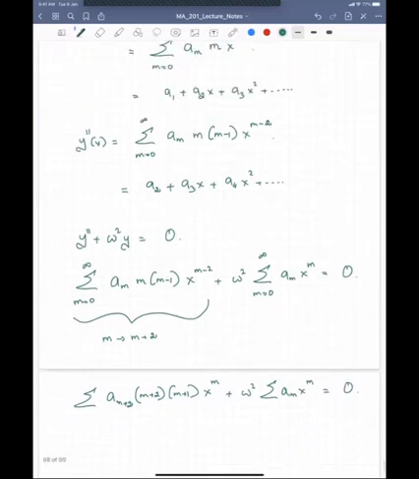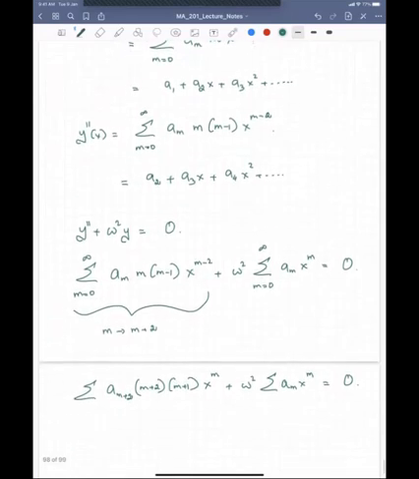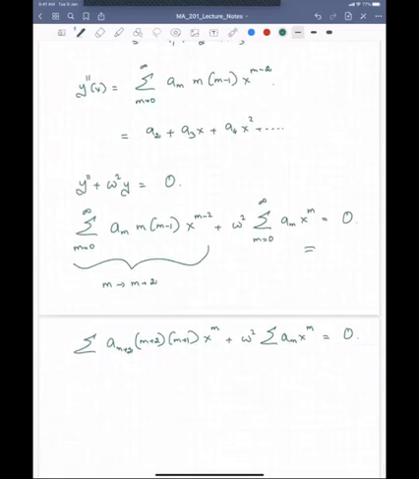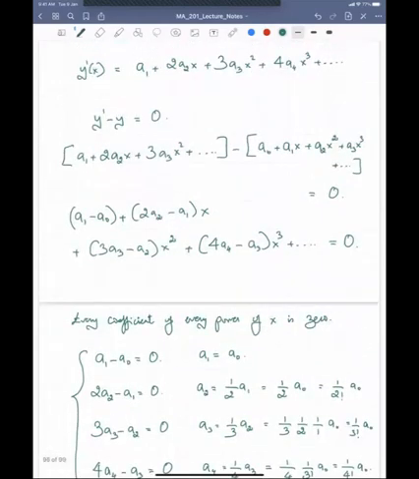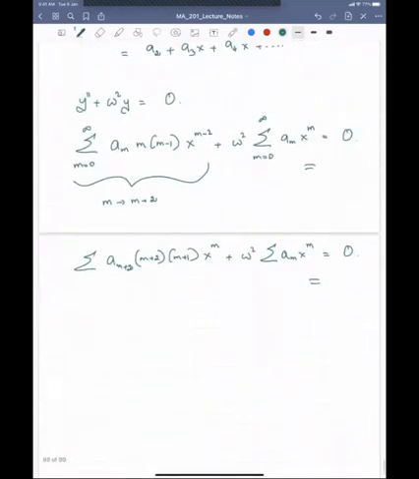So the only difference between this step and the previous one is that I've relabeled m as m plus 2. You don't have to do this. The way we did the first problem, if I explicitly write out every coefficient, I don't have to do it this way, but it is a little cumbersome. So this is a useful trick to follow.